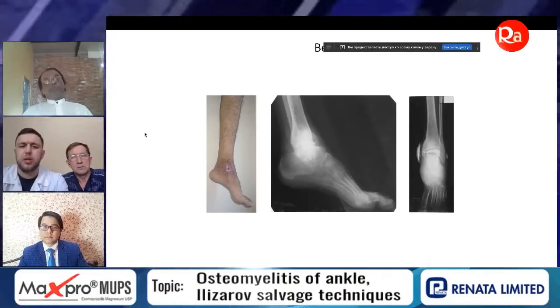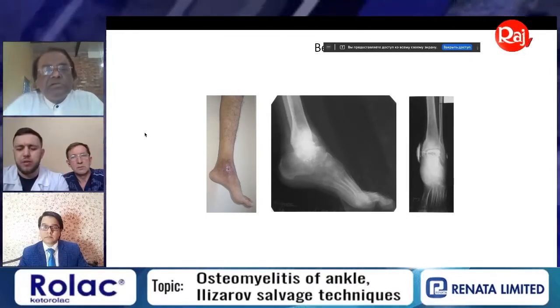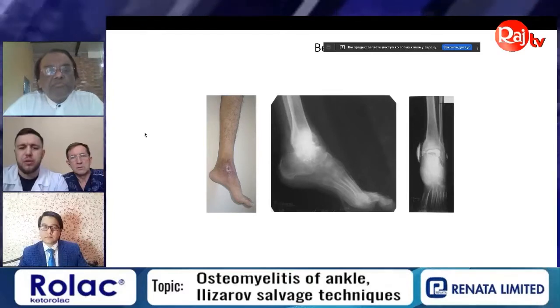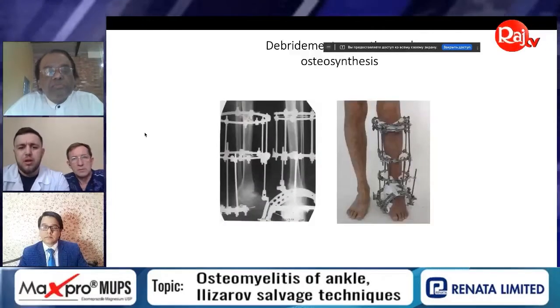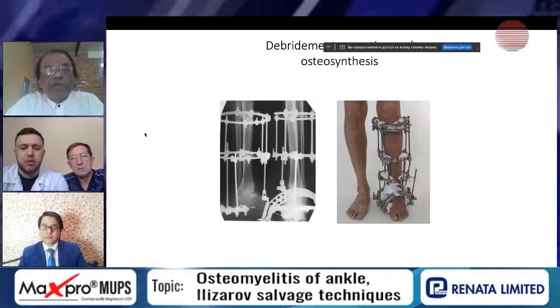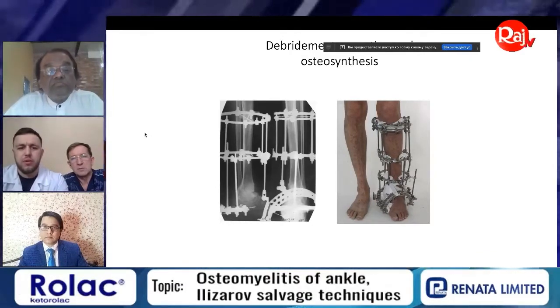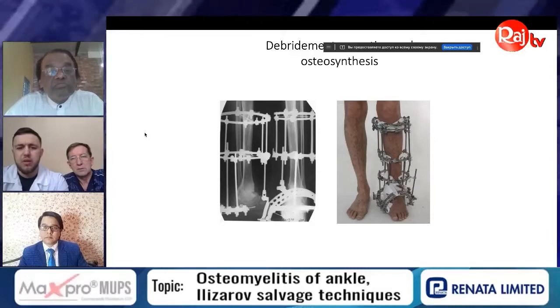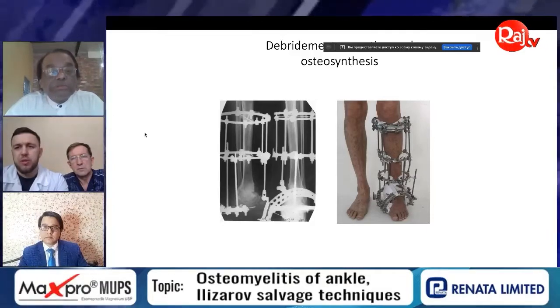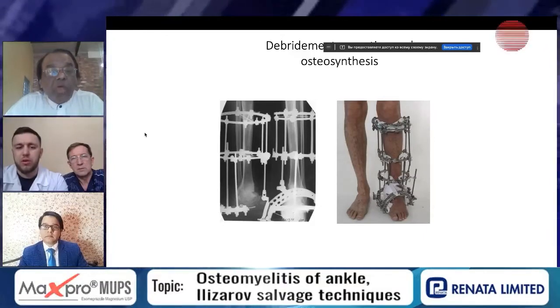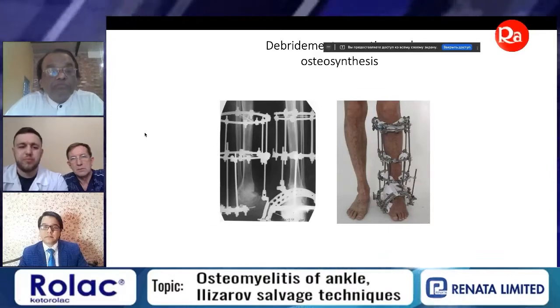With that clinical and X-ray picture, the patient was admitted to our department, and debridement and standard arthrodesis of the ankle by Ilizarov was done, using the typical standard monolocal technique, just compression.